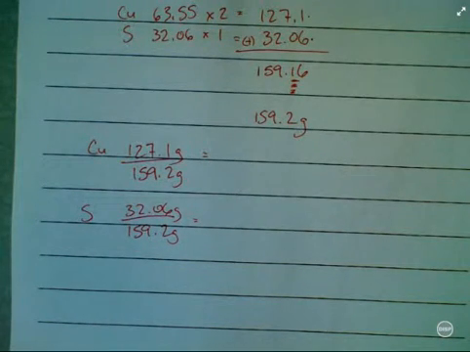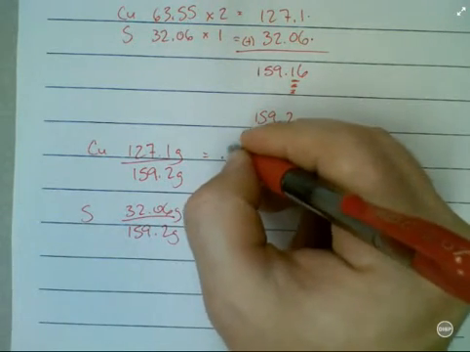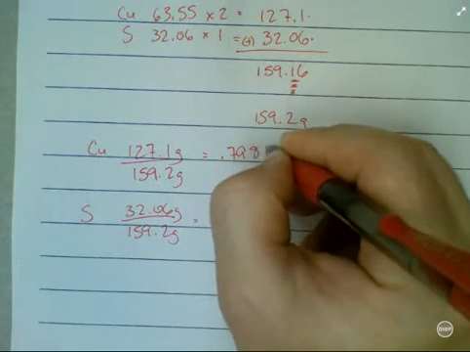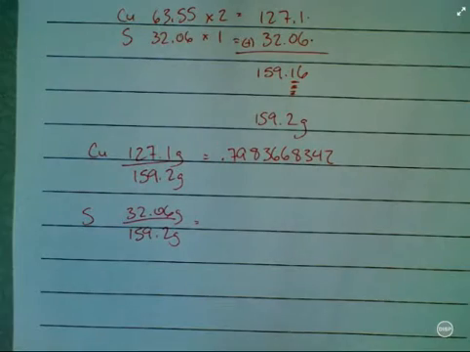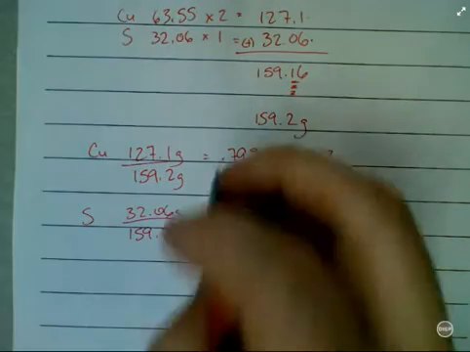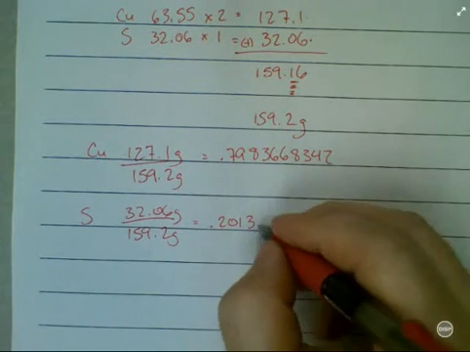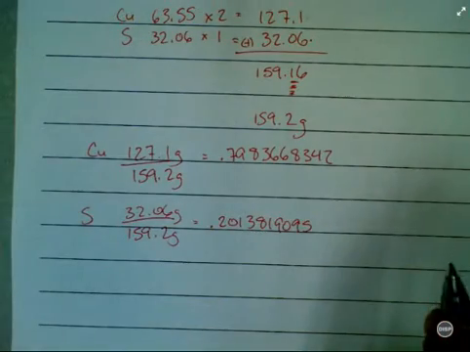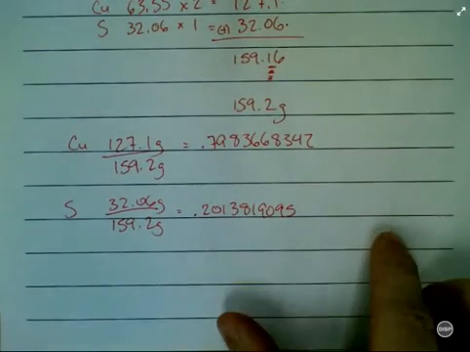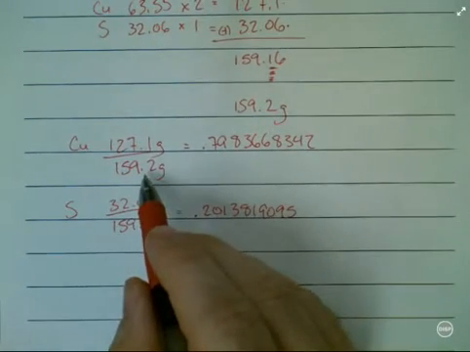So we put these into the calculator. This value comes out to be 0.7983668342, and then this value comes out to be 0.213819095. Again, I hope you're starting to get in the habit of considering your number of significant figures. I can only use 4 significant figures in either of these.